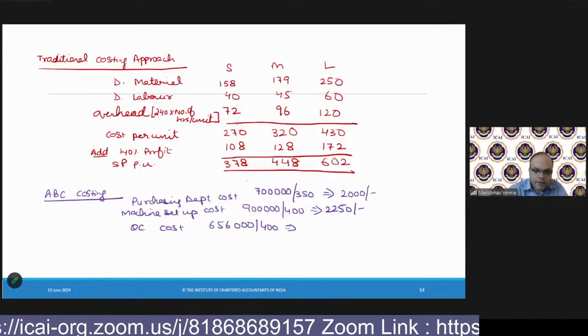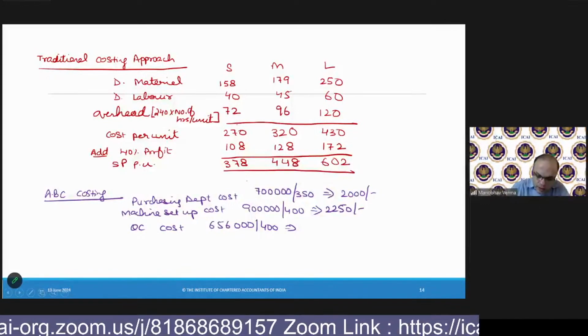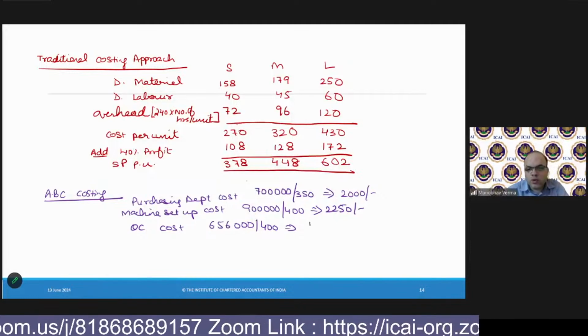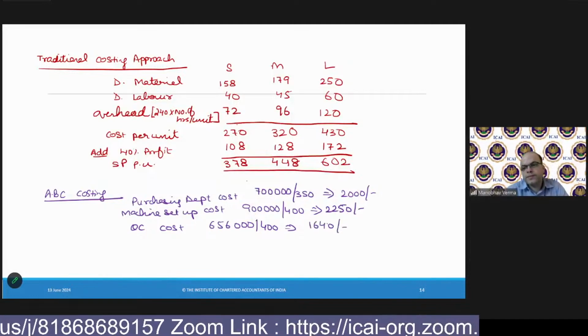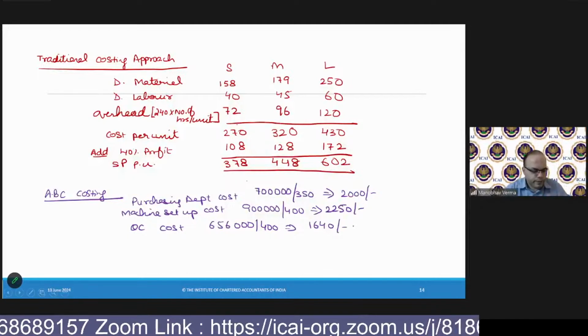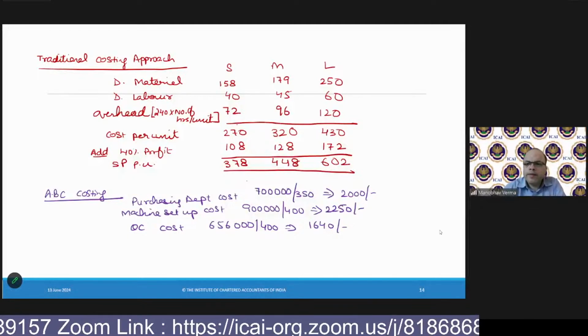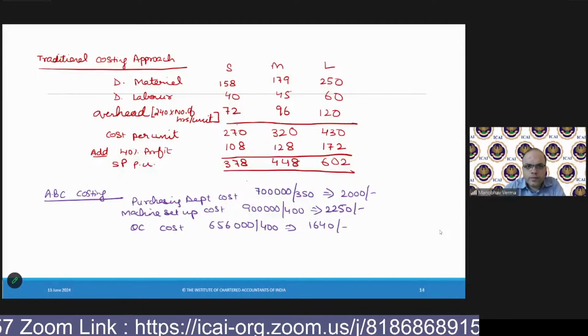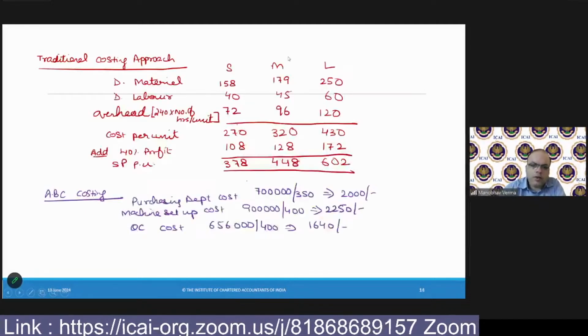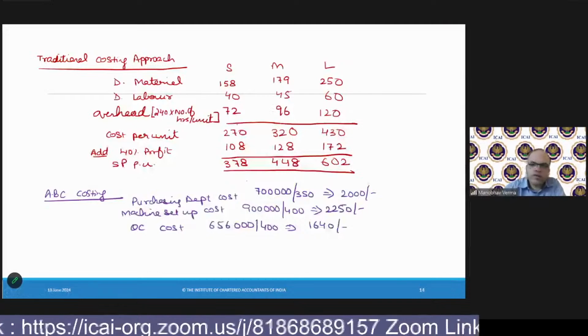Again, 656,000 divided by 400, we're getting 1,640. Any question so far? What was the last element? Machining cost, 564.